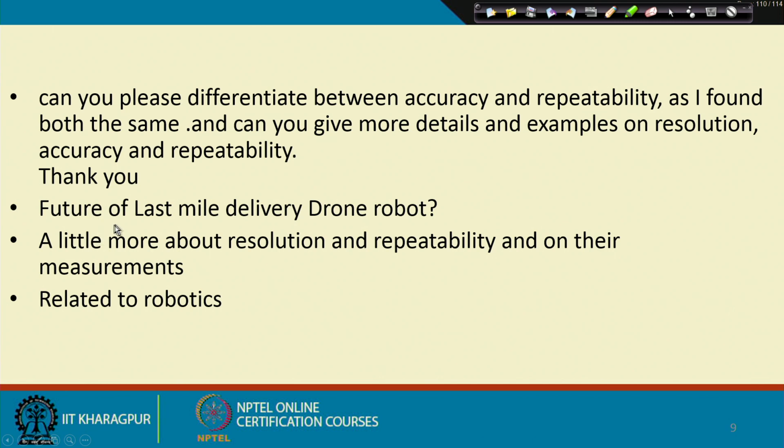Now, the next is the future of last mile delivery drone robots. All of you are very much aware of this air robot, that is the drone. But even in this drone, there are some pending research issues.